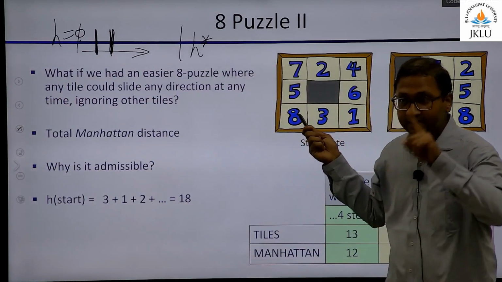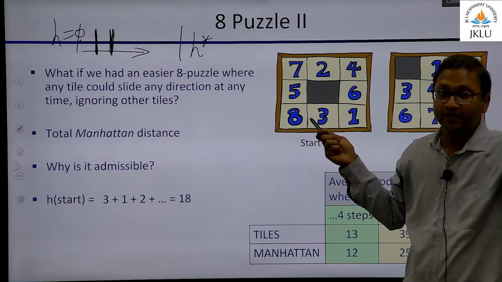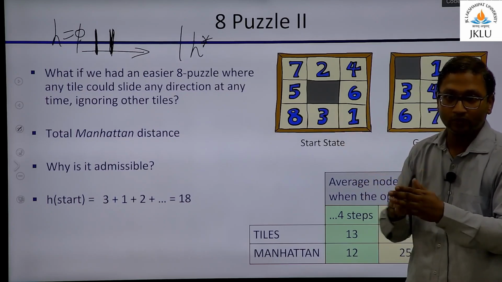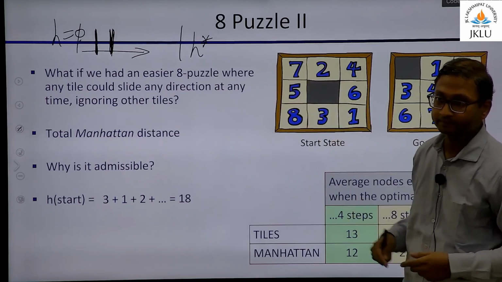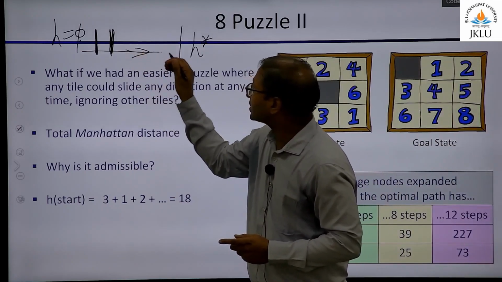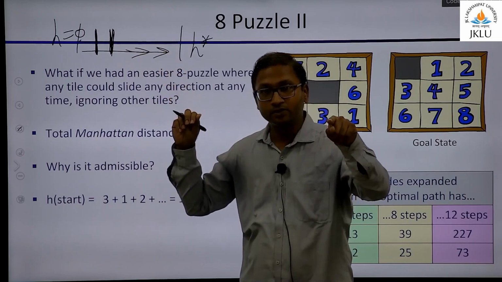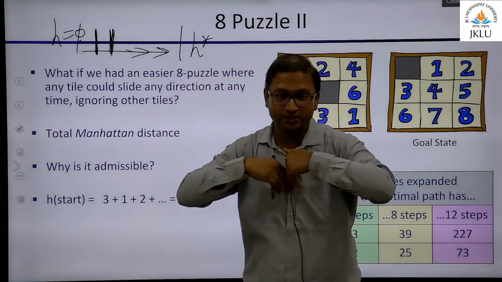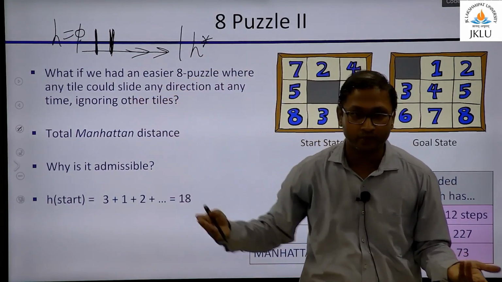This heuristic is a relaxed version of the original problem but still takes more steps compared to the previous heuristic. The more you come towards H star, the better your A star will be. And if you reach H star, you can directly reach the goal because you have everything.